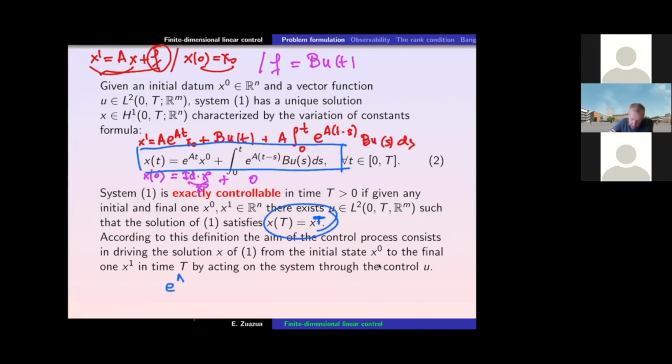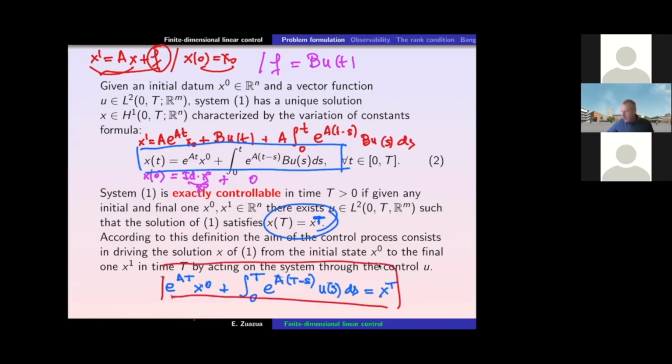You take small t equal capital T. Whenever you have a small t, you take capital T. And this is the equation you have to solve. That's all. So the controllability of a linear finite-dimensional system is just solving this algebraic system.